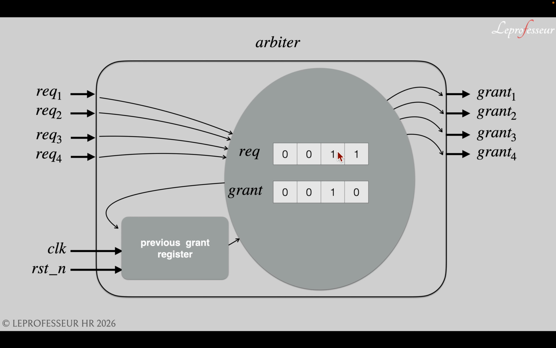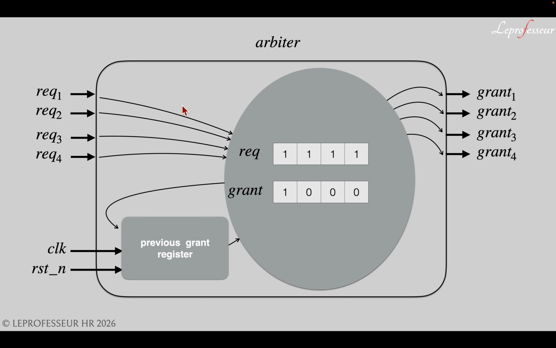Since requester first got access, it should not get a grant, so we give the grant to requester second. In a similar way, for the third, the first two requesters should not get a grant until we complete the full cycle. For the fourth, the first three should not get a grant. So this is the simplistic thinking behind the logic.